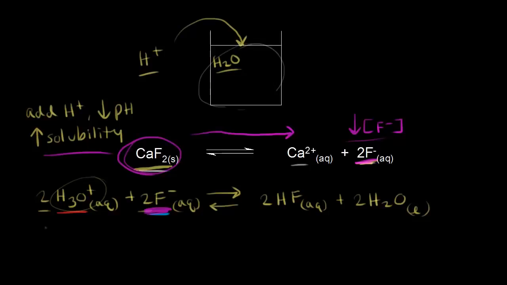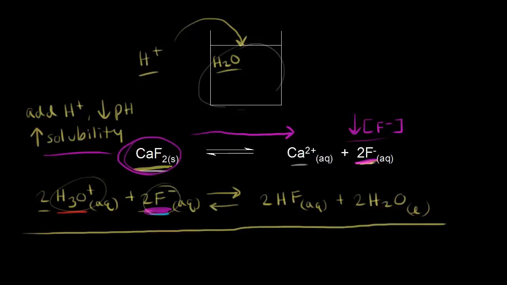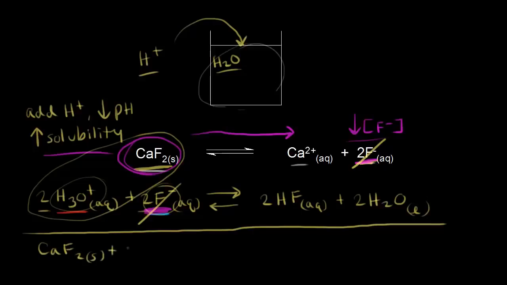We could even write the overall reaction for what's going on here. So the net reaction: we can see that we have 2 fluoride anions on the reactant side. We also have 2 fluoride anions on the product side. So now we could just take these 2 and say those are our reactants. So we have calcium fluoride plus 2 hydronium, 2H3O+.